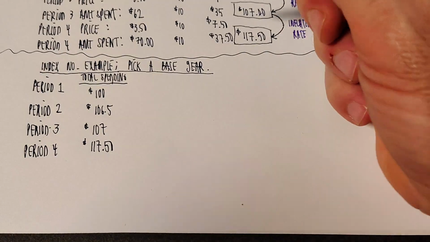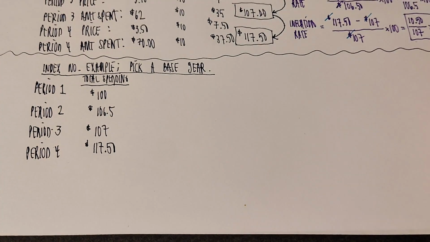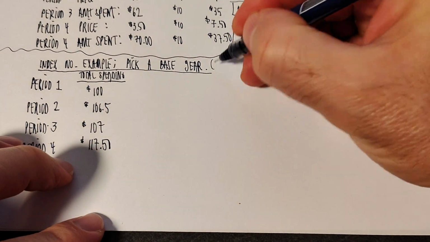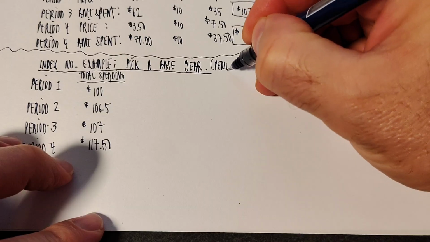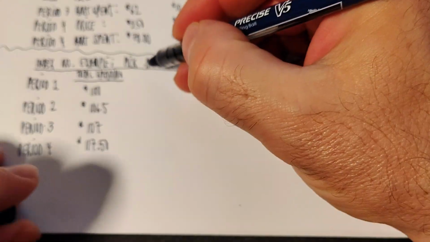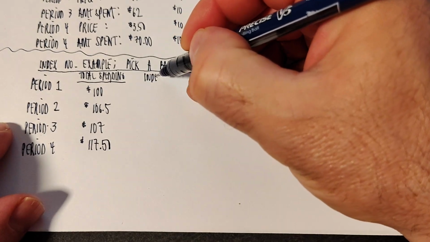And all right, so we want to pick a base year. So which year do we want to pick? Your textbook picked period 3. So I'm going to choose period 2 just to change things up a little bit. So it's going to be period 2. All right. Okay, so the index number is what we're going to need to calculate now.